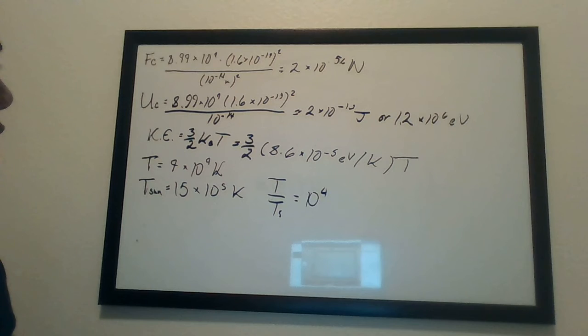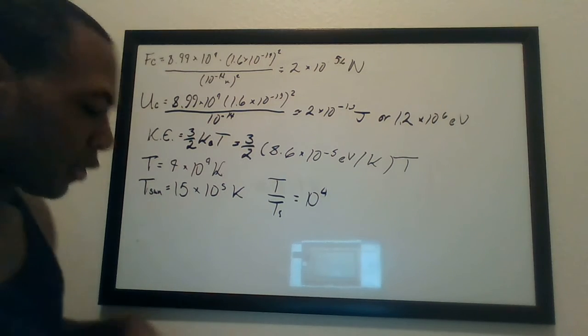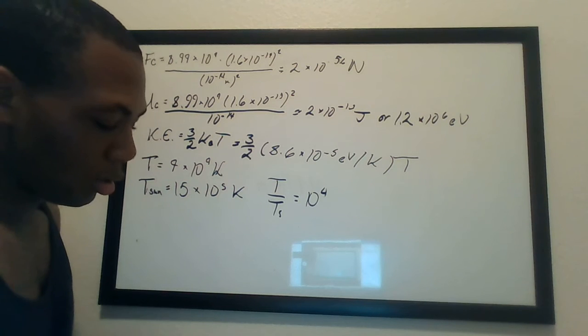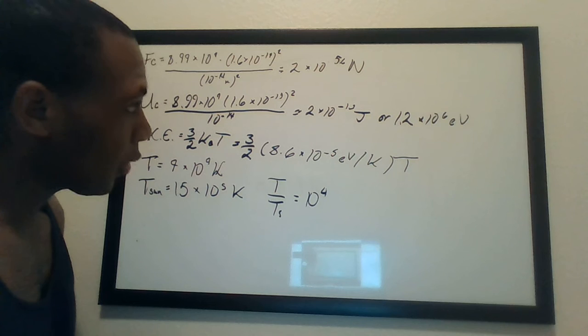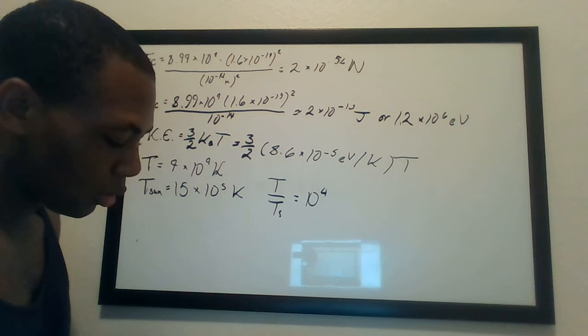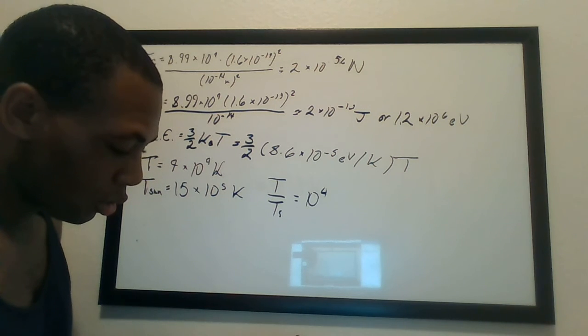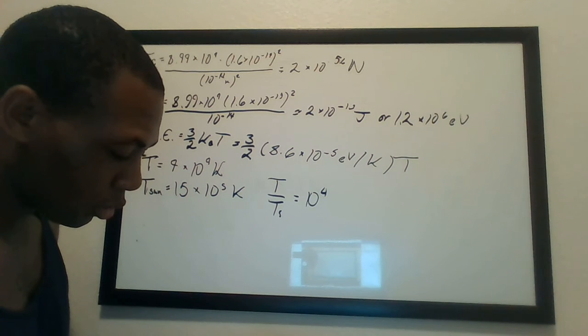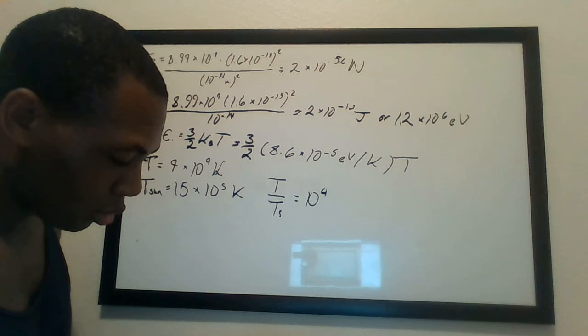Joules to electron volts, 1.2 times 10 to the 6 eVs. That's the reason why we have a handy dandy cell phone, so that we don't have to do things like this. 10 to the minus 13 joules to electron volts.